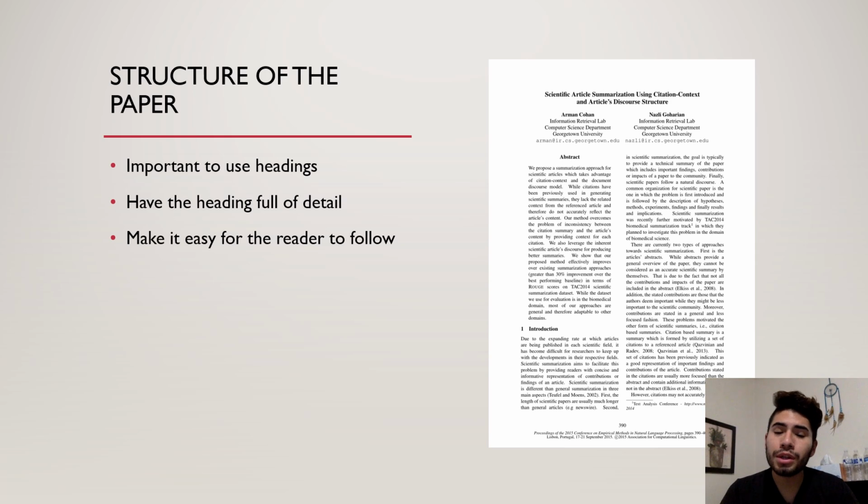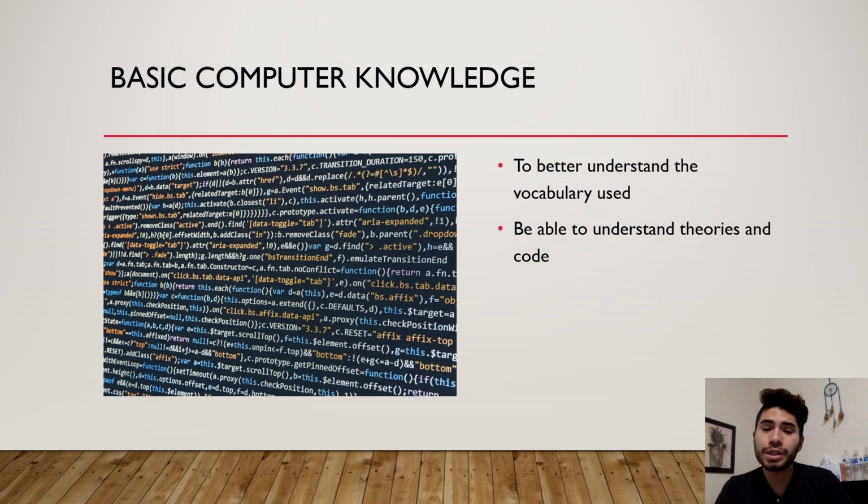Now we will be going to the next slide where we will be discussing the basic knowledge of computer science and how it can help you write a better paper or help a reader read an article easier. So basic computer knowledge is very, very important when it comes to computer science discourse. The words and the jargon that are used are very specific to this discourse.